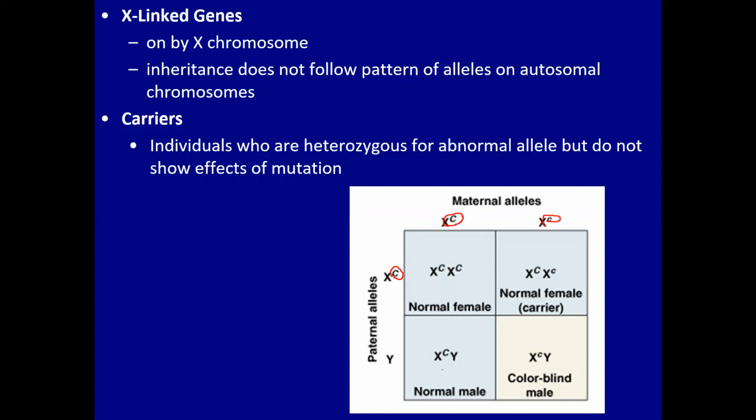Then you get a normal male, but then you get a colorblind male who is going to have the disorder. He does not have the opportunity to have a big C to offset the effect of the little c.